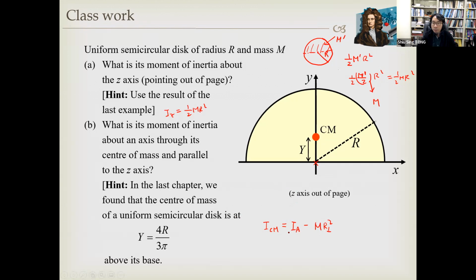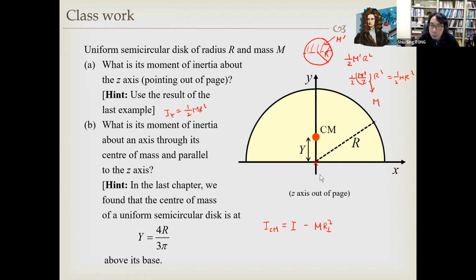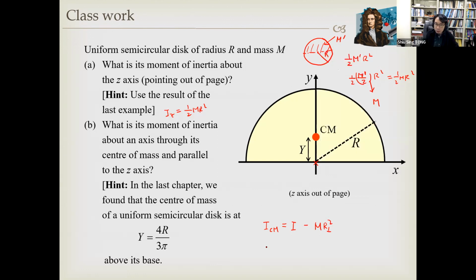Maybe I should write I_z because I refer to this as the z axis, the moment of inertia about the z axis. So this is I_z. I_z is known, half MR squared, right?